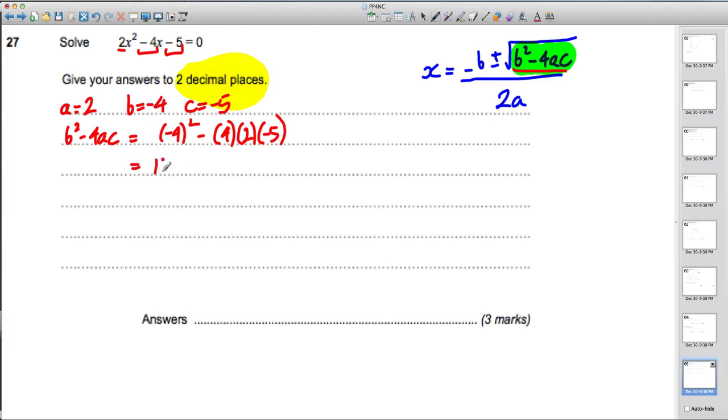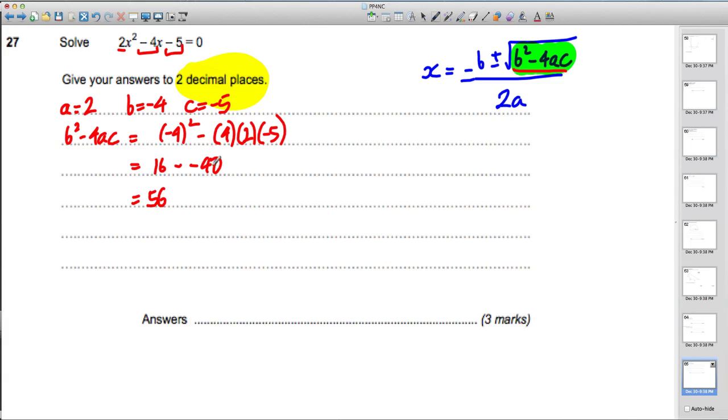Negative 4 squared, 16, and then if you do 4 times 2 times negative 5, you would get subtract negative 40, which turns out to be 16 plus 40, which is 56.